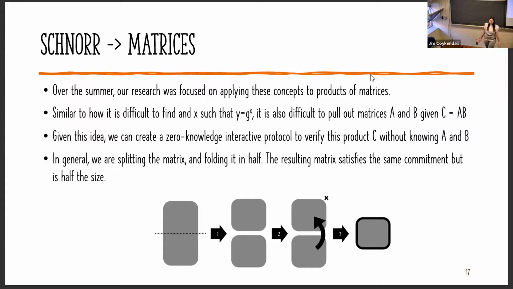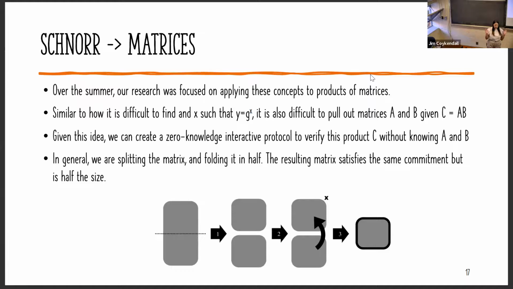So over the summer, most of our research was dedicated to applying these concepts to matrices and the products of matrices. So like I said, it was computationally difficult to find an x such that y equals g to the x. It's also very difficult to pull out matrices A and B such that C is the product of these two matrices.